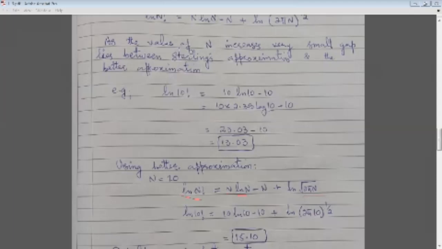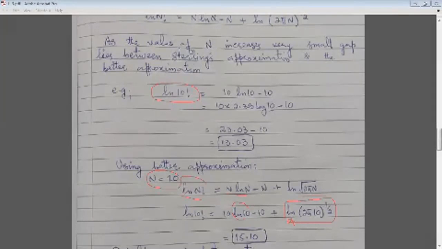For 10 ln 10, you can do the same procedure: 2.303 log of 10, multiply and subtract 10, it comes to 13 point, plus you add this term. First calculate this and take the square root, and then take the natural logarithm of this. You can take it directly using the scientific calculator. So it comes out to be 15.10. We have taken ln of 10 for both cases, because n was equal to 10.